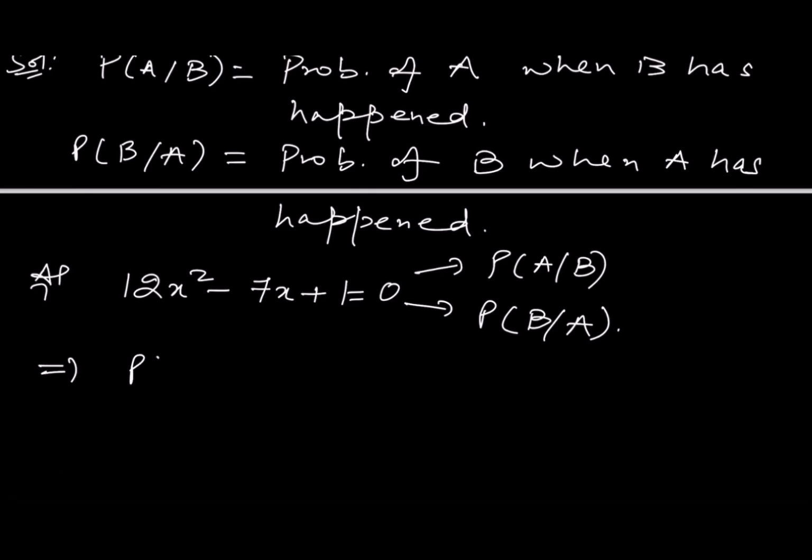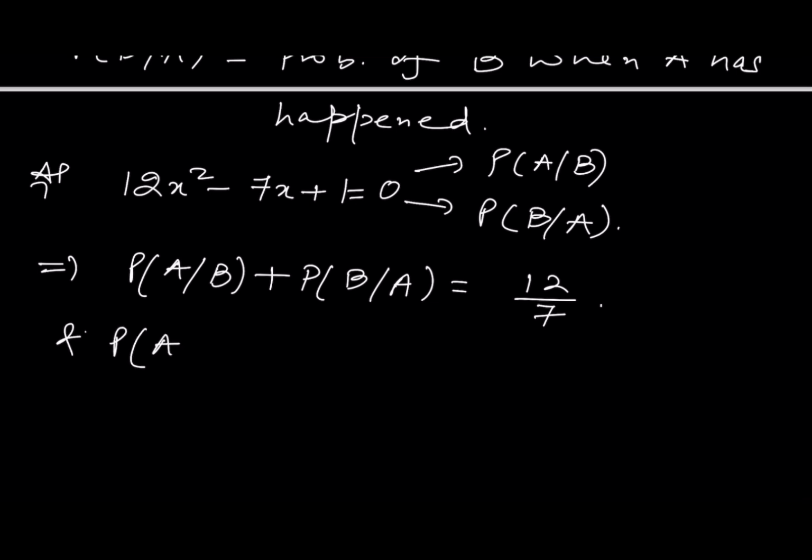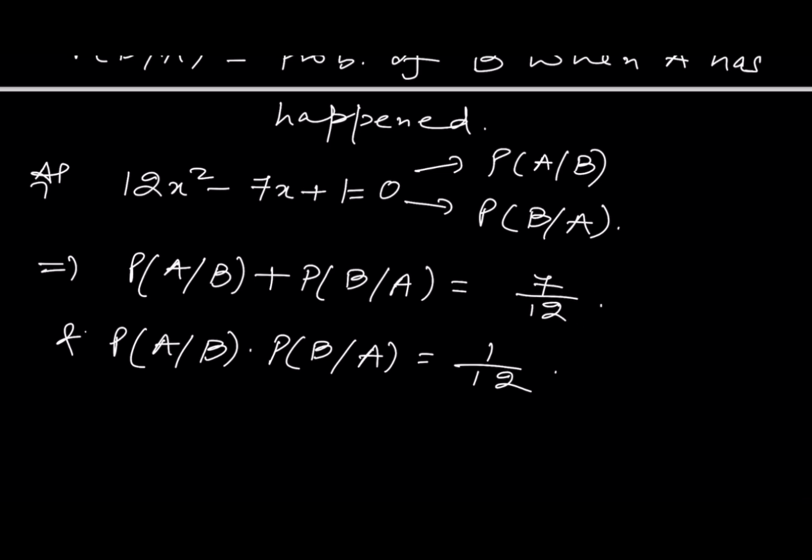So the sum of roots, P(A|B) + P(B|A), is 12/7. Sorry, it is not 12/7, it is 7/12. My mistake.